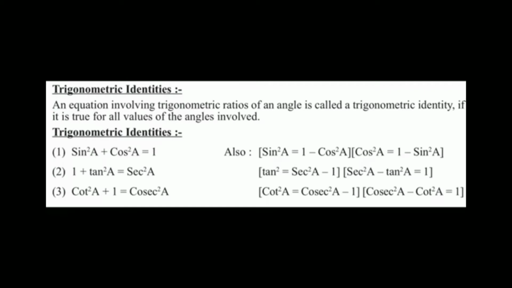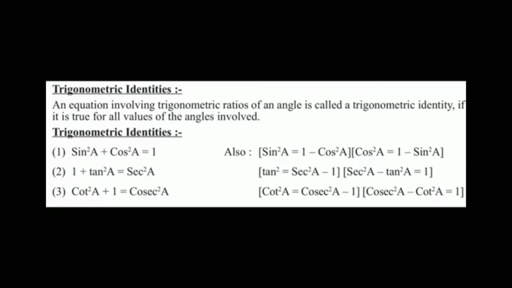And from these three main trigonometric identities, we derive the remaining identities. The first was sin square A plus cos square A is equal to 1. We shift the cos square A to the right hand side and we get the next identity as sin square A is equal to 1 minus cos square A. Similarly, by shifting sin square A, we get cos square A is equal to 1 minus sin square A. Similarly, from the second trigonometric identity, we get tan square A is equal to secant square A minus 1 and secant square A minus tan square A is equal to 1.